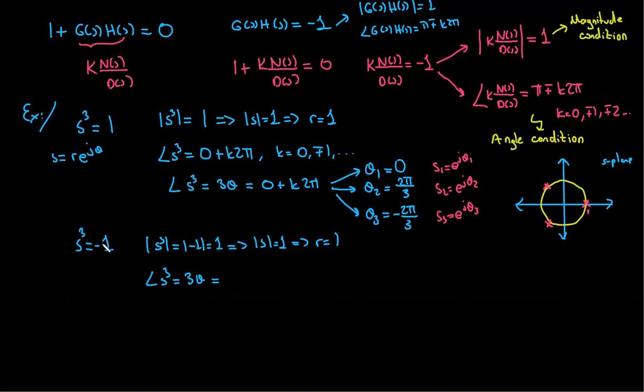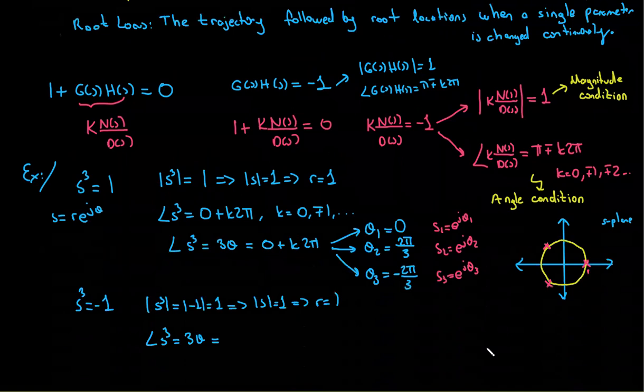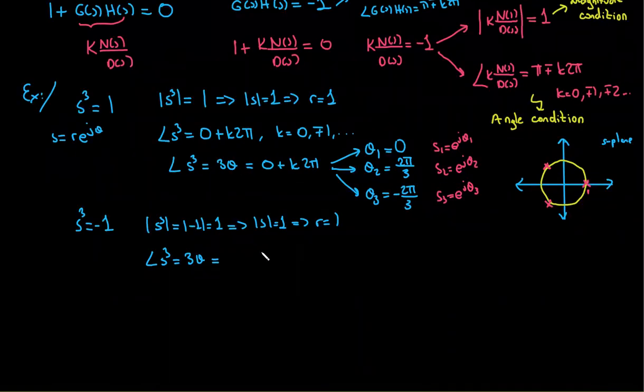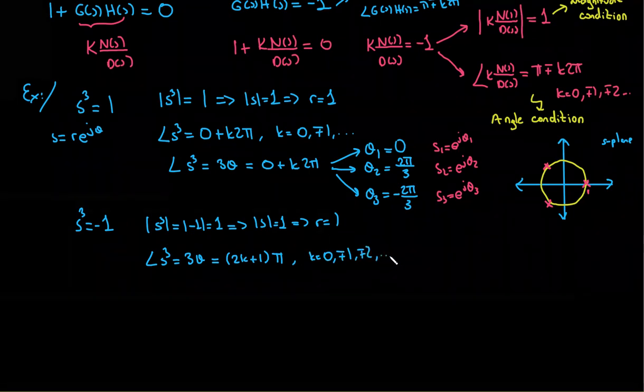What is the angle of -1? As we said minutes ago, that is equal to pi, so it should be an odd multiple of pi, for k equal to 0, plus minus 1, plus minus 2, etc.